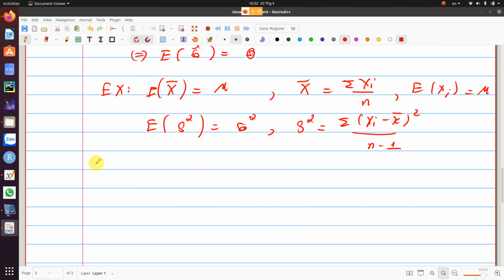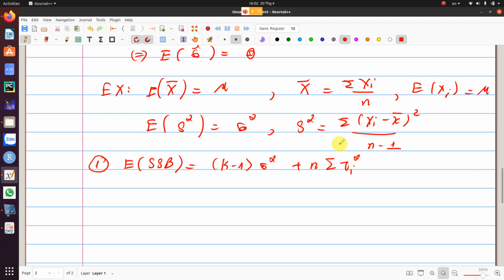We have equation 1: the mean of SSB equals (k minus 1) sigma square plus n times the sum of tau i square, i from 1 to k.